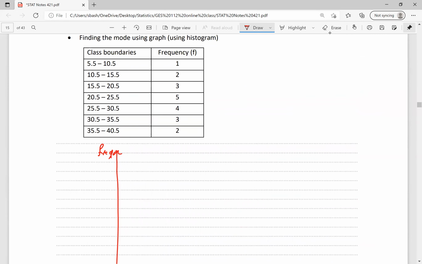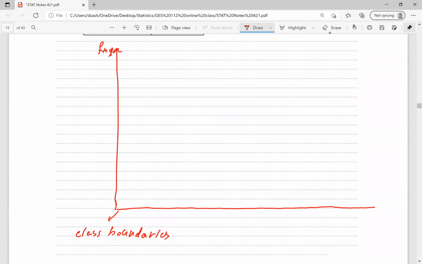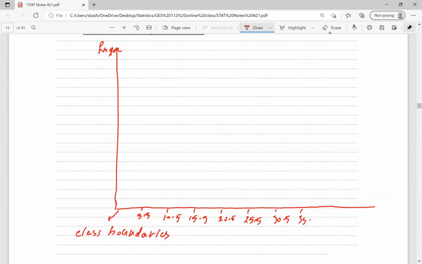Now class boundaries start from 5.5, then 10.5, 15.5, 20.5, 25.5, and 30.5, 35.5, 40.5, and 45.5.